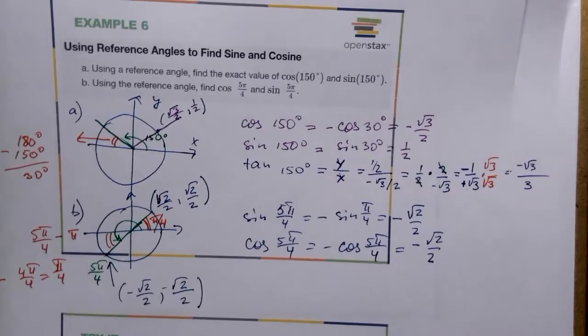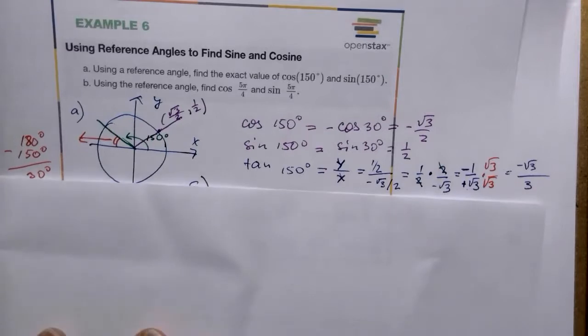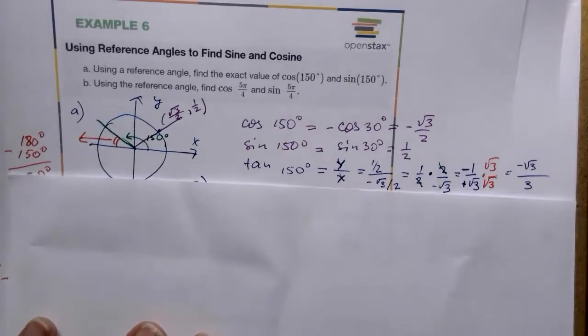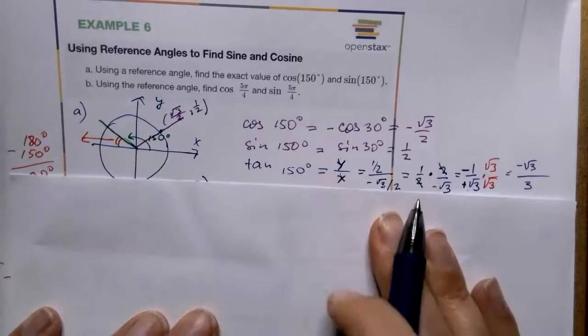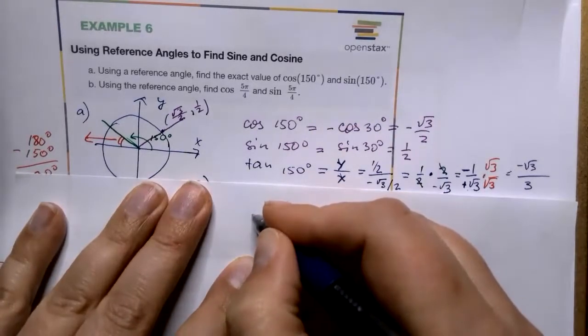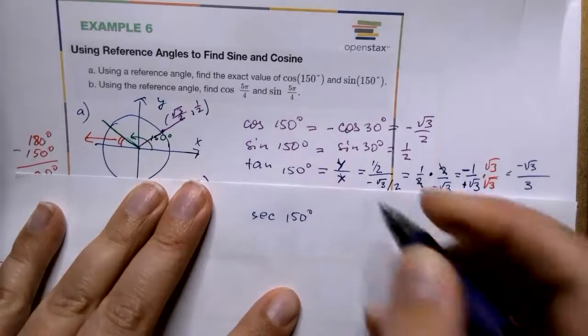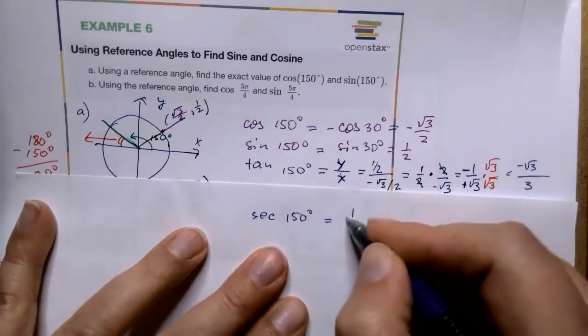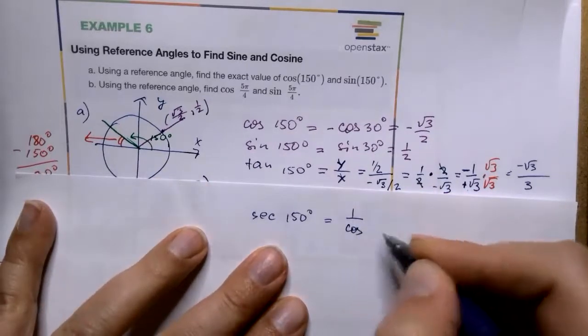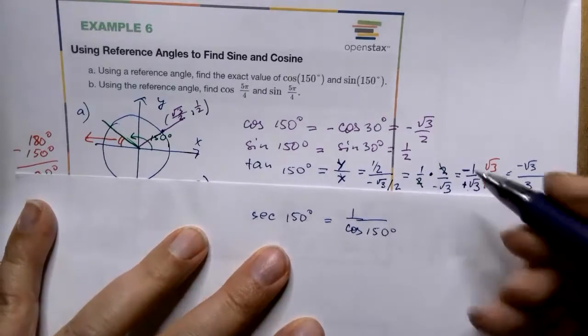And I'm going to use a blank piece of paper here to continue. Okay, so that's the tangent. Now, secant of 150 is going to be 1 divided by cosine of 150, or just the flip of cosine, right?